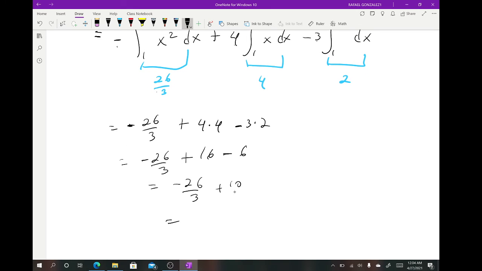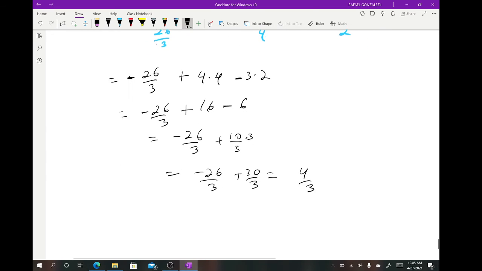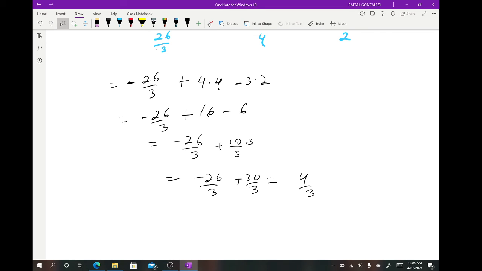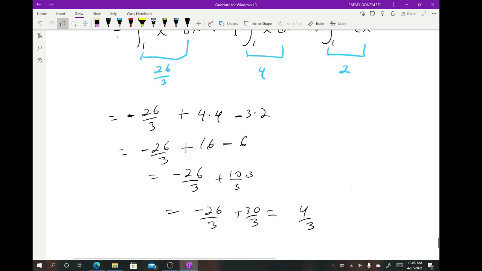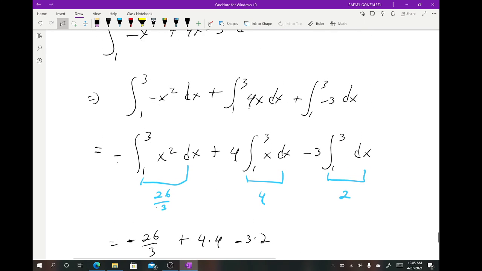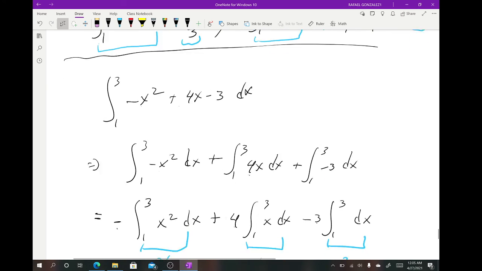And if you multiply 10 times 3 and divide by 3, you get negative 26 over 3 plus 30 over 3, which is equal to 4 over 3. Okay, so we now have a way of actually solving the sum or difference of integrals.